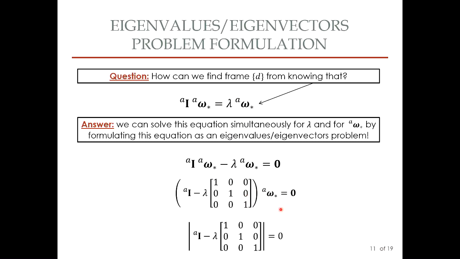You assume your omega is not a zero vector, so the product equals the zero vector. That means that in order for this equation to be satisfied, you must have this matrix not full rank, or with zero determinant.